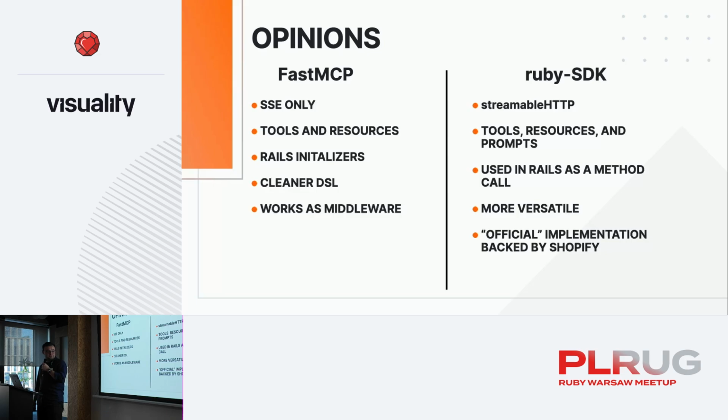The biggest advantage of Ruby SDK is that it's backed by Shopify, it is the official implementation. Also keep in mind that this comparison is valid now. As far as I know, the person behind FastMCP is already working on supporting streamable HTTP, and Ruby SDK is working on redesigning their DSL, so nothing will stick.